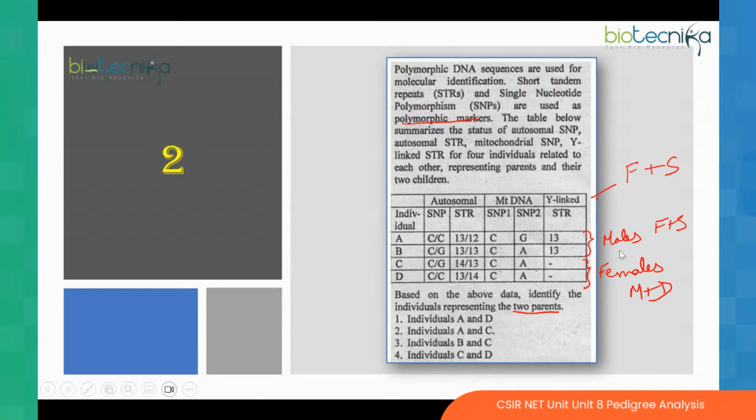Okay, now moving on to mitochondrial DNA. What is the characteristic of mitochondrial DNA? Mitochondrial DNA shows maternal inheritance. What do we mean by this? That mitochondrial DNA in the zygote will pass from only the mother. The mother will give the mitochondria to the zygote.